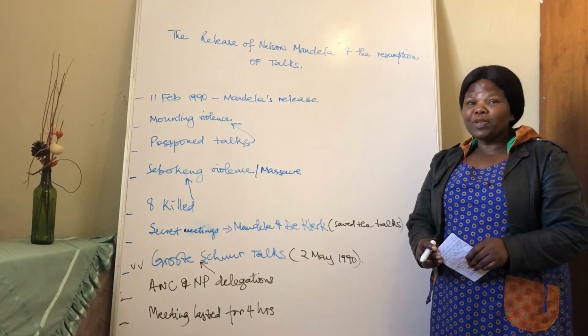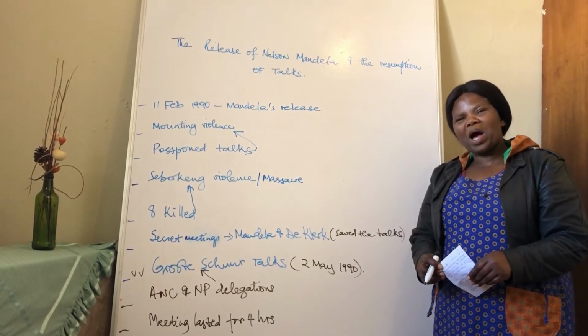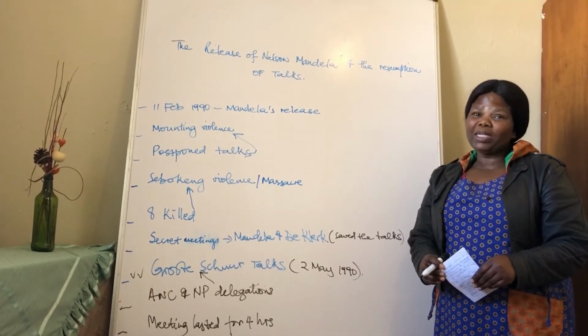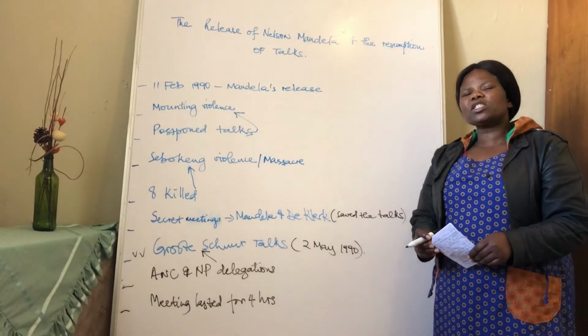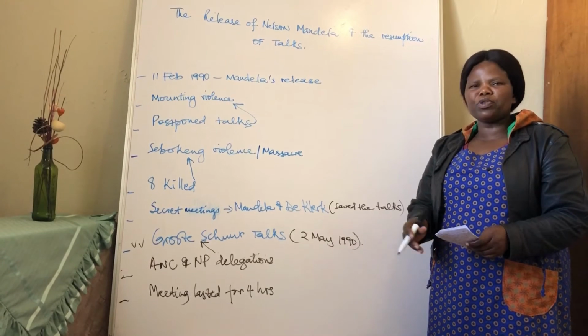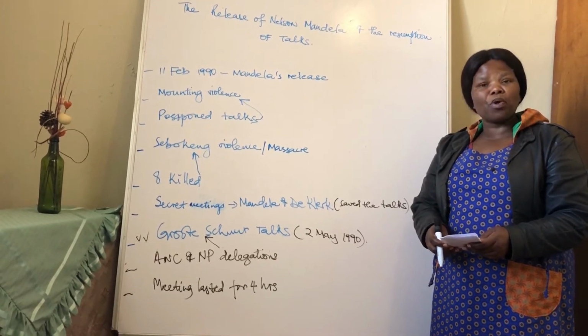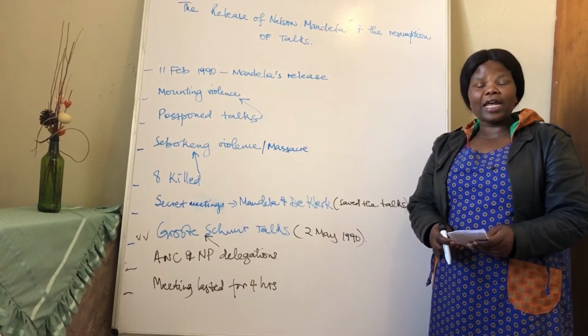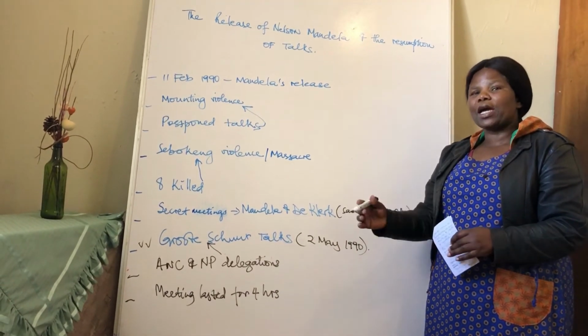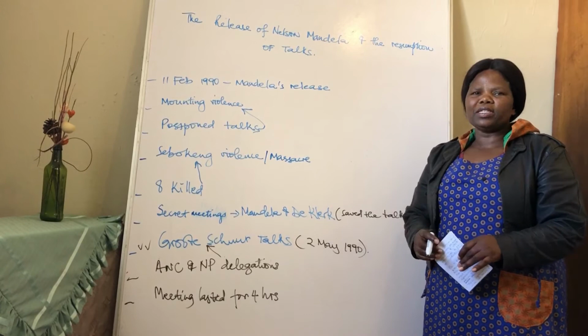And the NP delegation was led by our honorable father as well, Tata de Klerk. Other people that were there were people like Pete Botha, Gerrit Viljoen, Kobi Coetzee, and Adrian Vlok. Those are the guys that were going together with de Klerk.